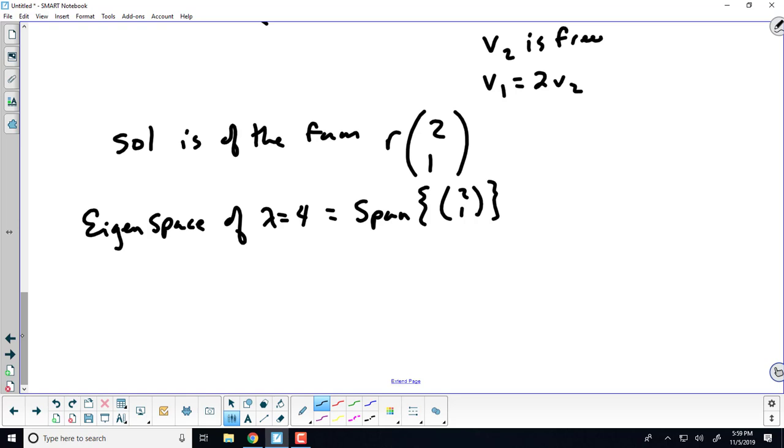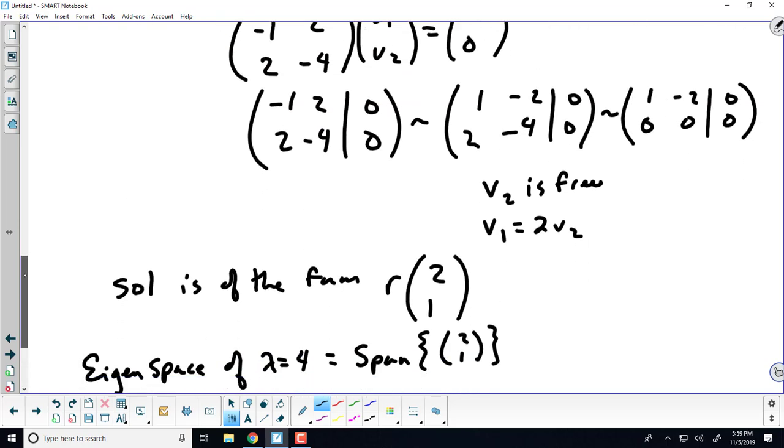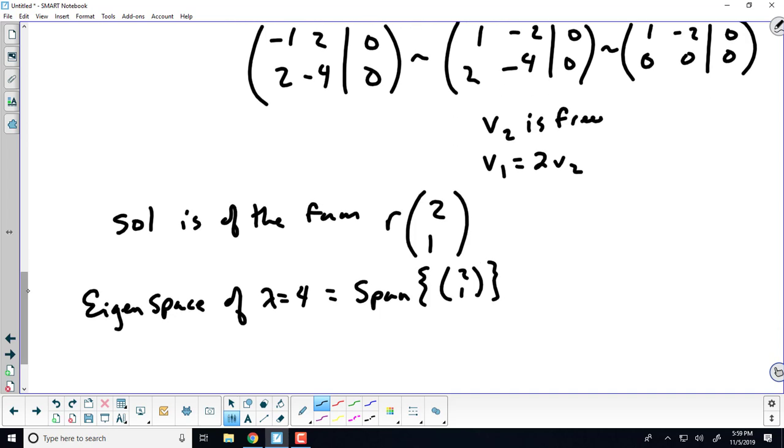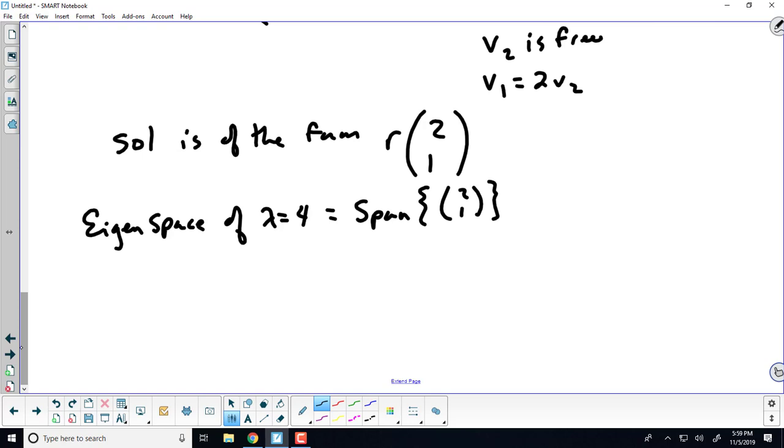In our case here, notice that we just have one eigenvector, because we were able to describe v in terms of one free variable. So we just have the one constant that describes it.